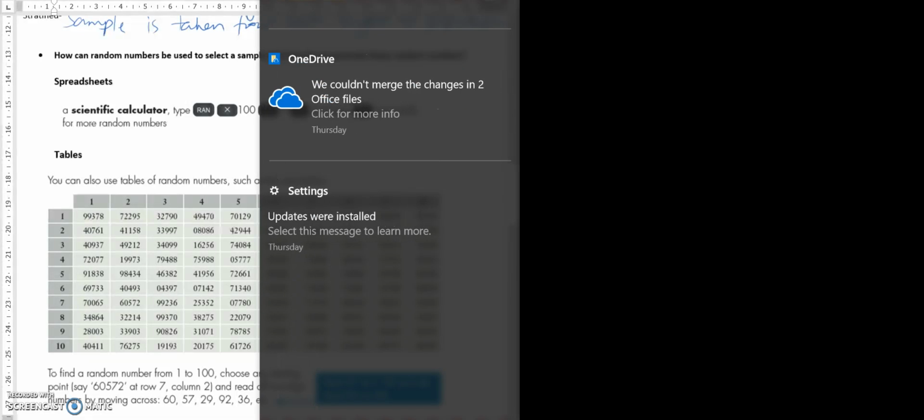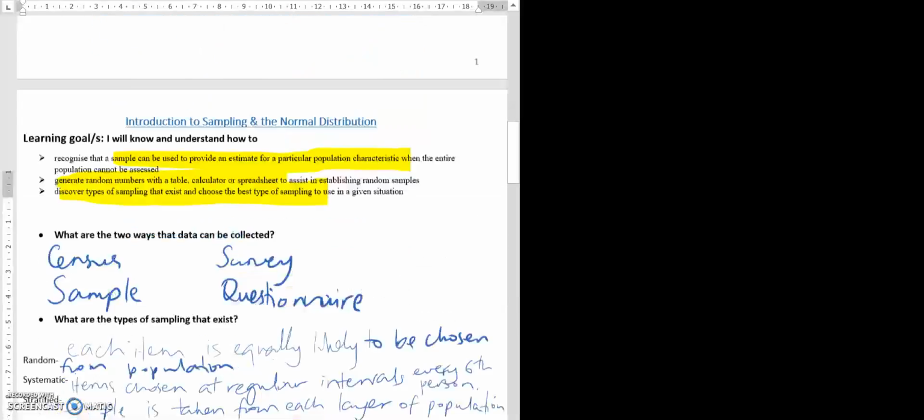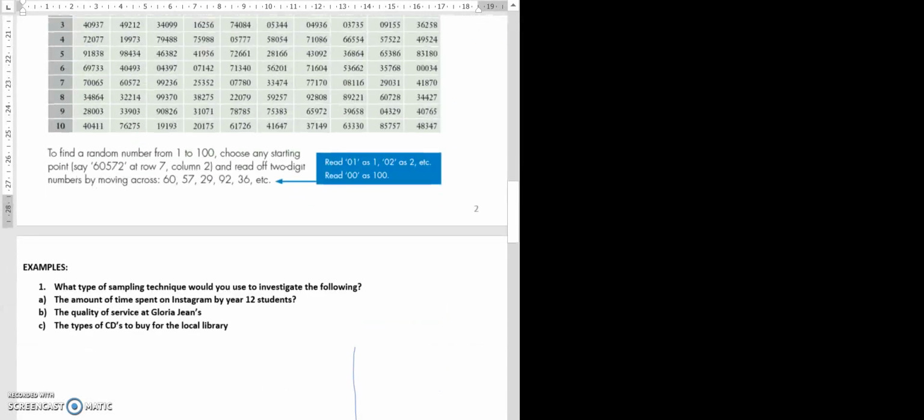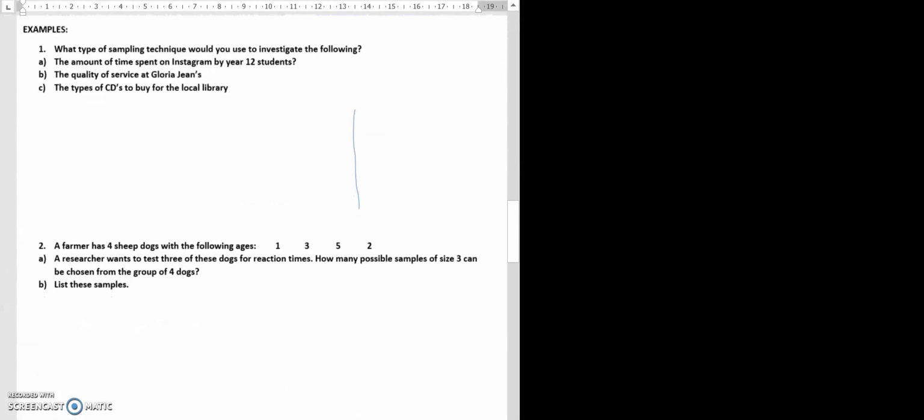So I'll write that down. Shift, decimal point, equals, and you just keep pressing equals to get lots of different random numbers. A table could also be used, and there's an example there of what you could do to get random numbers. Okay, so let's have a look at some examples together now.